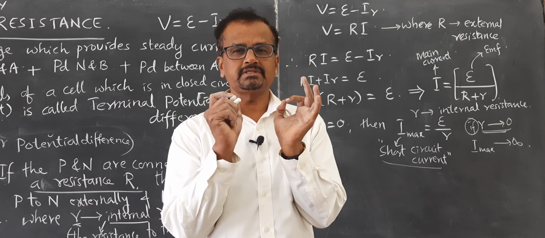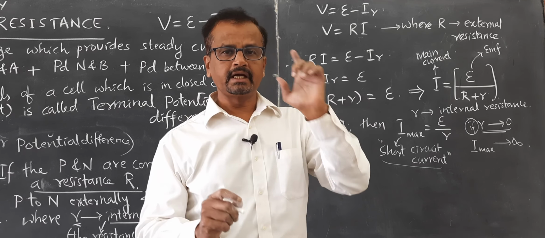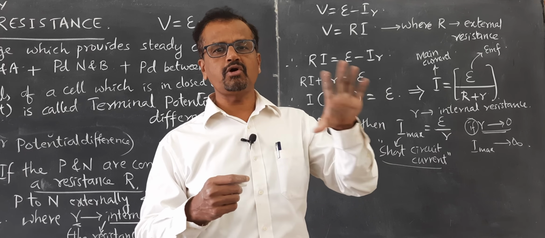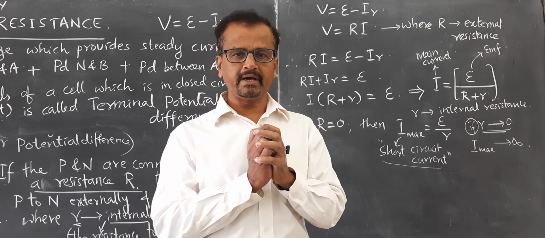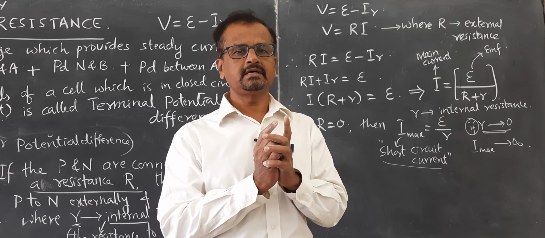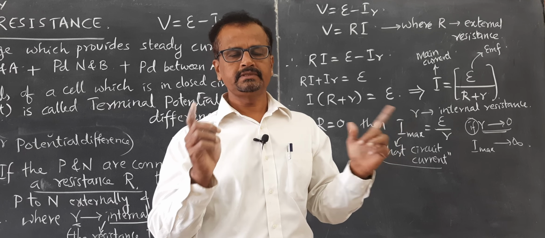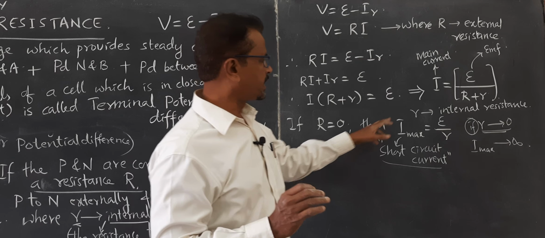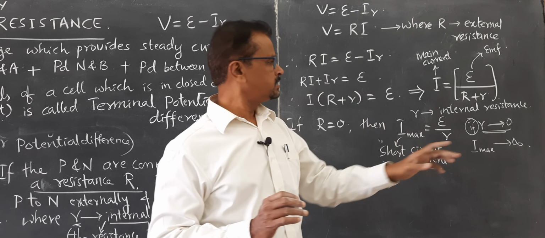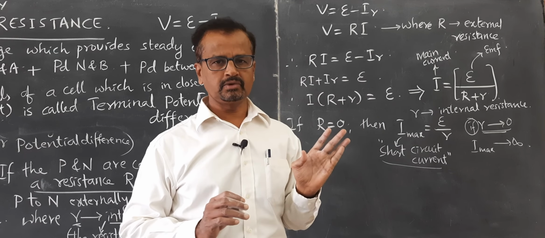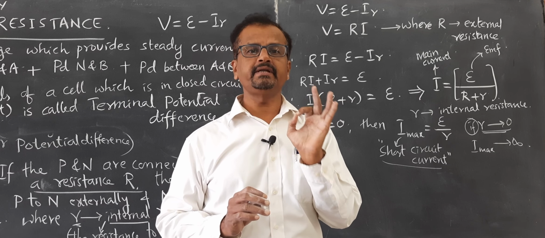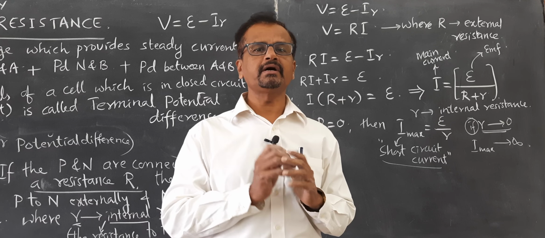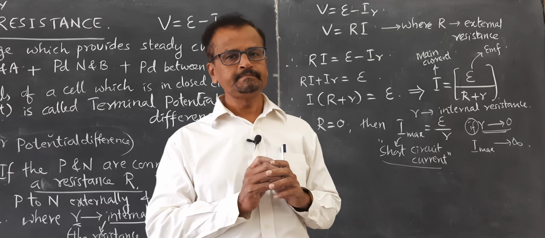In order to have some limited current, external resistance should always be connected, so that the current drawn will be some limited value. Otherwise, the cells or batteries will be damaged. This should be remembered. So the current drawn depends on the external resistance connected, which plays a very important role in limiting the current drawn from the battery.